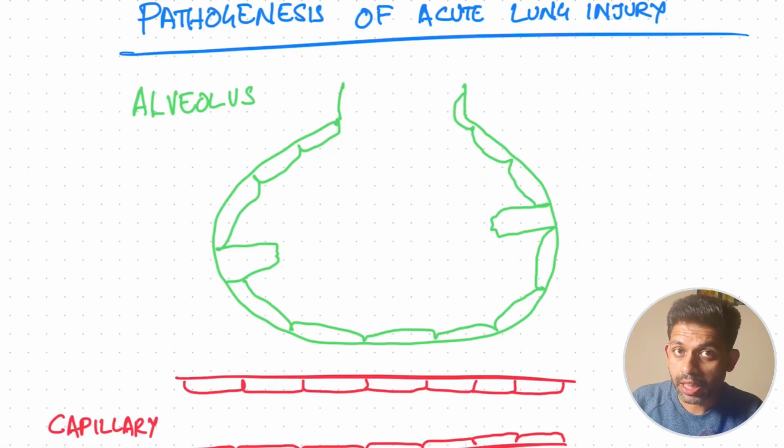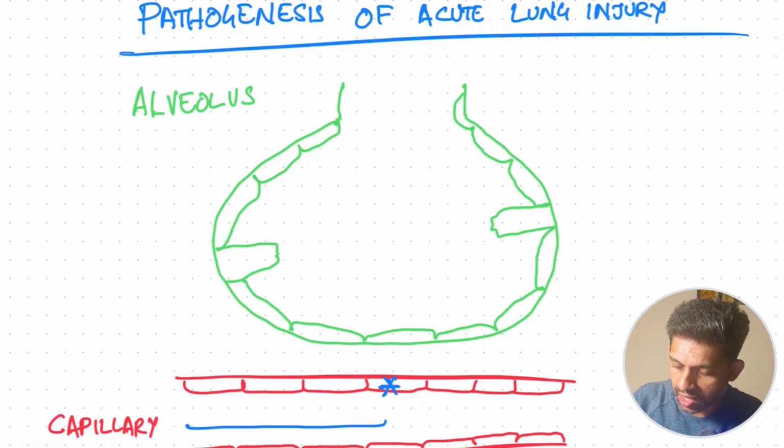Now let's look at the pathogenesis of acute lung injury. The first step is activation of endothelial cell. This can happen directly, as in case of sepsis, where circulating inflammatory cytokines can directly activate the endothelial cells.